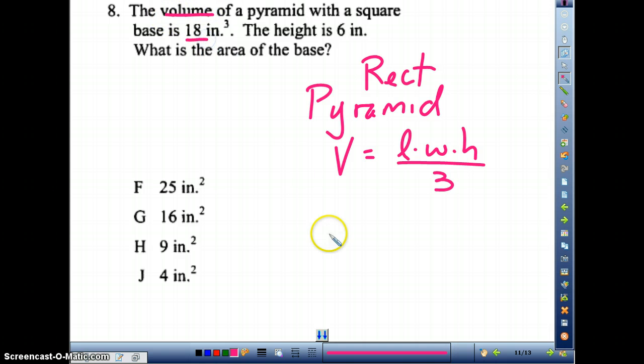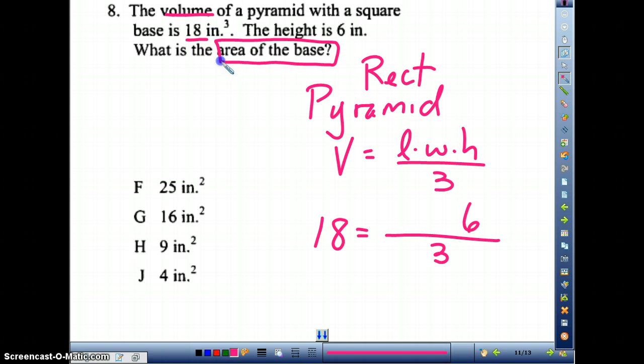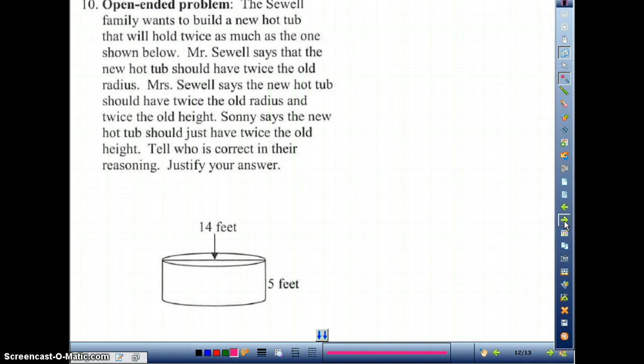They gave us the volume. They say the height is 6 inches. Wouldn't length times width be the area of the base? Let's just call this piece right here the area of your base. That's what you're trying to solve for. Okay? You guys can work that one out.